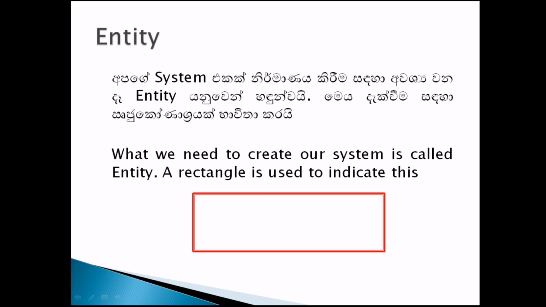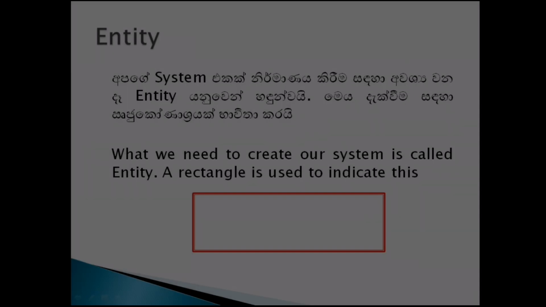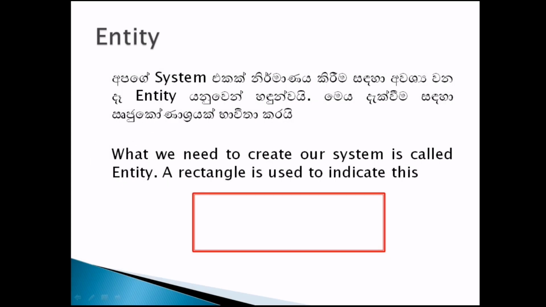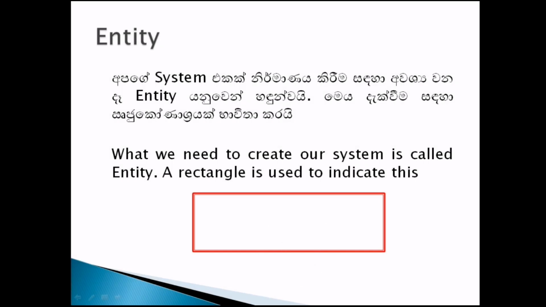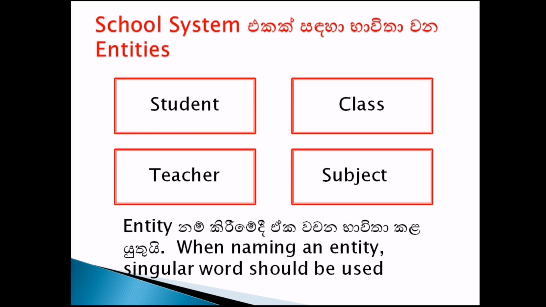What is an entity? What we need to create our system is called an entity. A rectangle indicates this. Let's go to the next slide. When we consider a school system, there are many entities such as student, class, teacher and subjects.